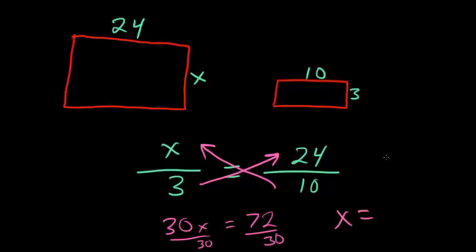I'm just trying to reduce this down. So 2 and 12/30ths. If I divide this one by 6 and this one by 6, I get 2/5. So 2 and 2/5. That was just reducing. That's all I was doing there. Okay? And if you put it into the calculator, you get 2.4. All right. But we're going to keep them in fraction form as much as we can.